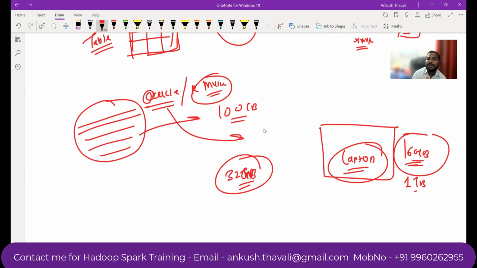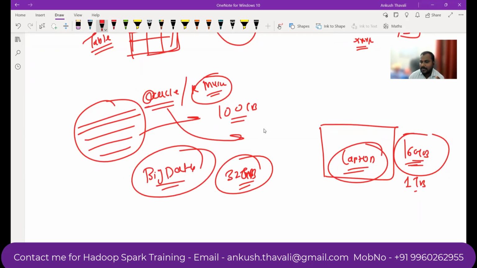So any data which cannot be processed by my normal system, we call it big data. It can be any data. For me, 32 GB is also big data because my system has 16 GB and my processor is an i7.